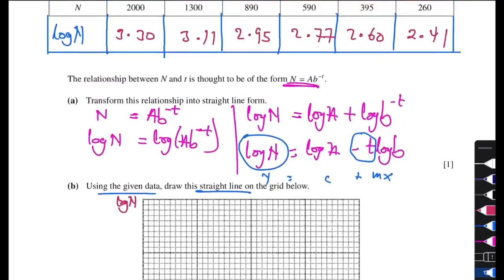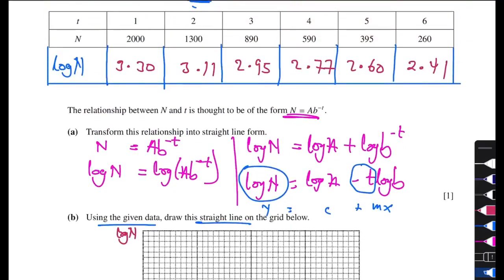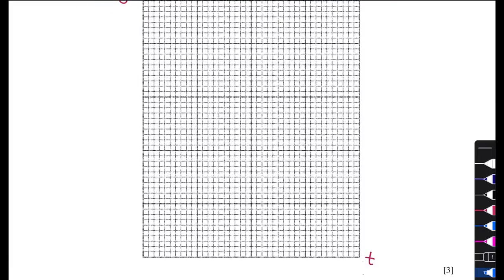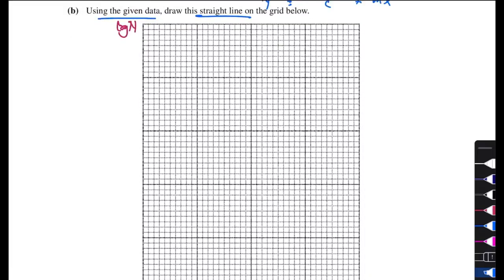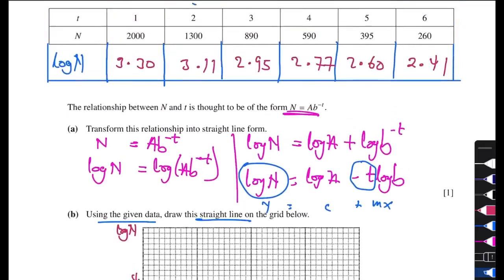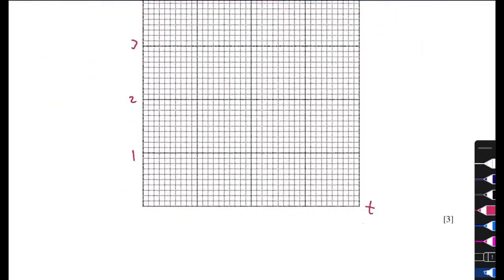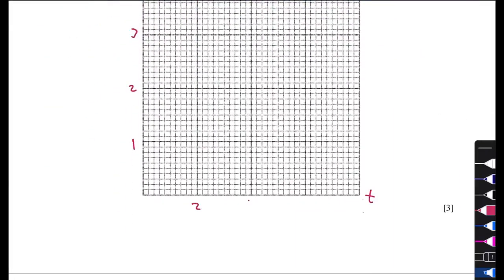All right, and that is from 3 all the way to, actually the lowest is this, all the way to 3.3. So if I move as maybe this is 1, 2, 3, 4, that would be cool, right? Yeah. And then for the t-axis, I have 1 to 6, so I can do 2, 4, 6.